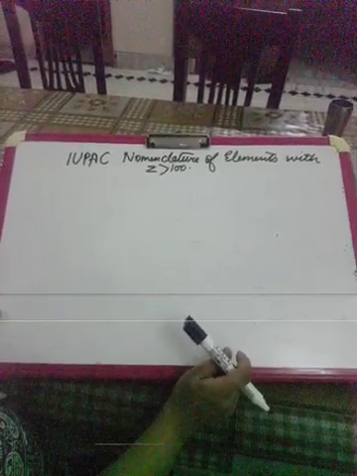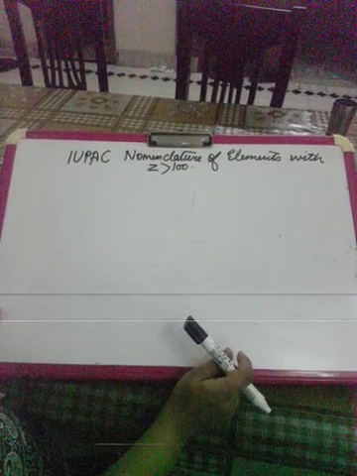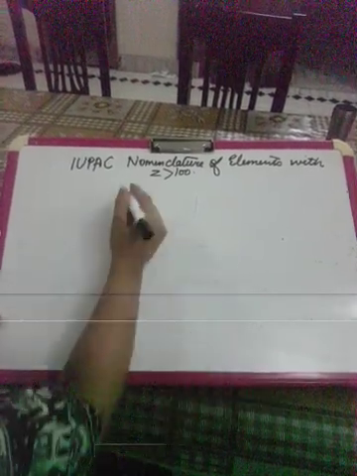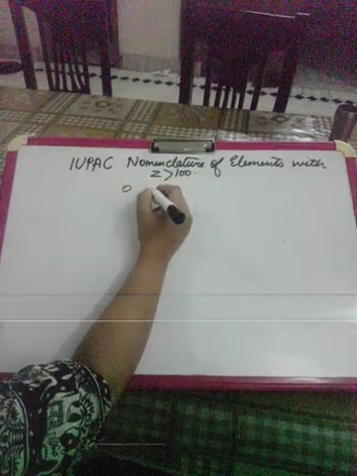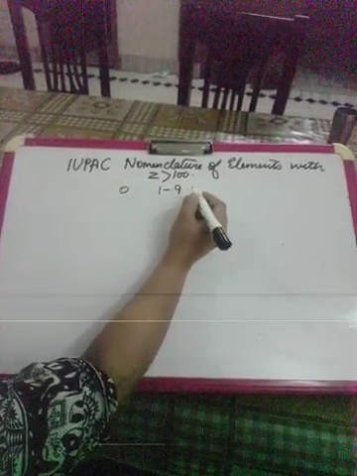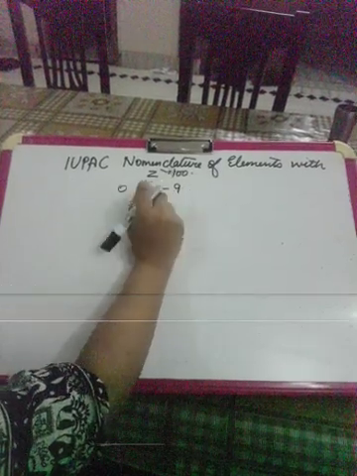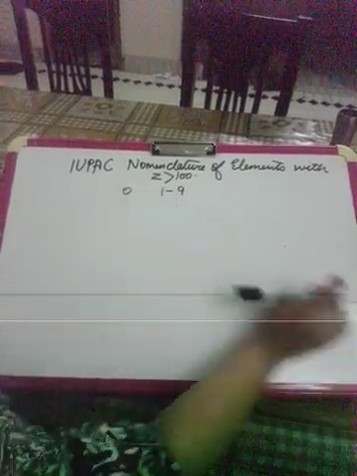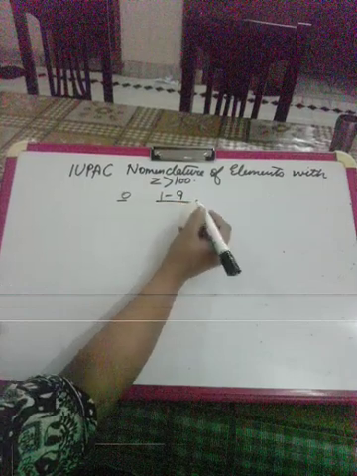The names are derived directly from the atomic number using numerical roots for 0 and the numbers from 1 to 9, and adding the suffix ium. We have given different names to the digits 0 to 9.